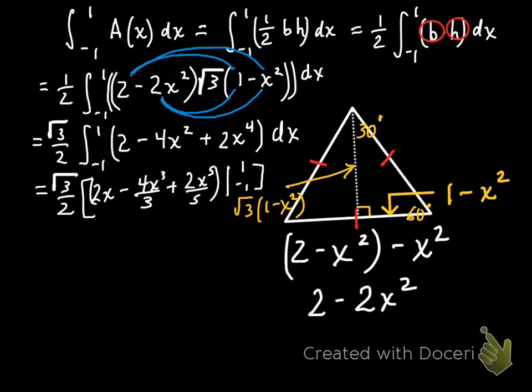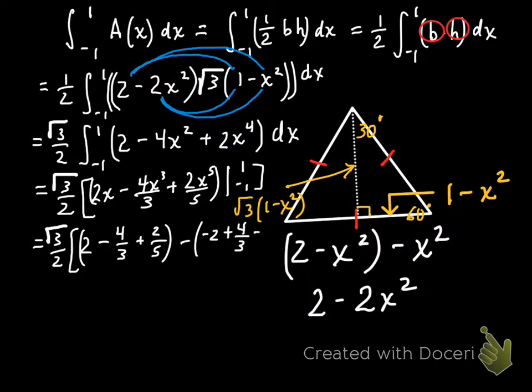Not too terribly difficult, but when you do this, you'll get root 3 over 2 times, when you plug a 1 in for x, you'll get 2 minus 4/3 plus 2/5, minus, plugging a -1 in for x, -2 plus 4/3 minus 2/5.